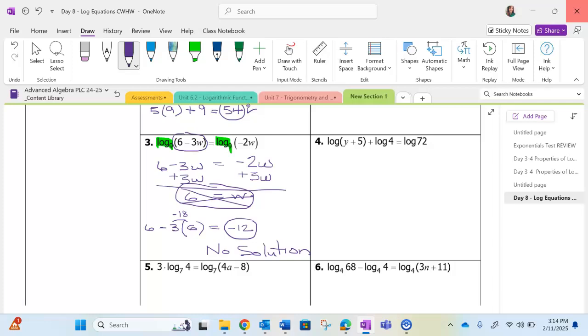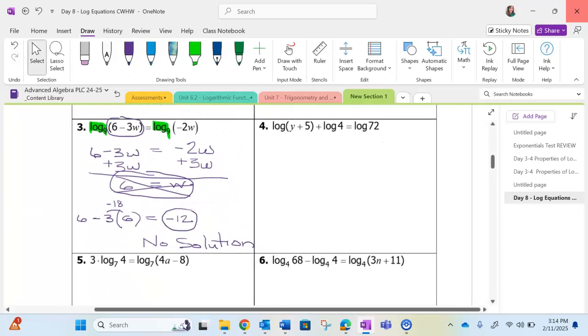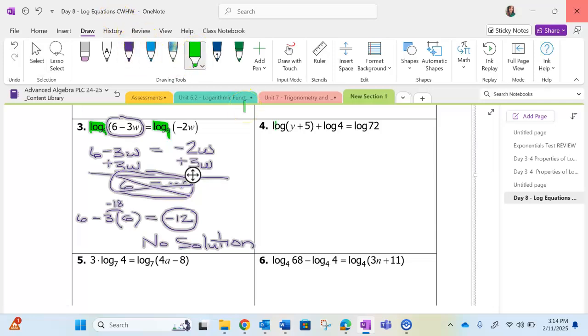All right, problem 4. Let's look at problem 4. So I have a log and a log, base 10 on both. But I have 2 now on this side, and I only have 1 on this side.